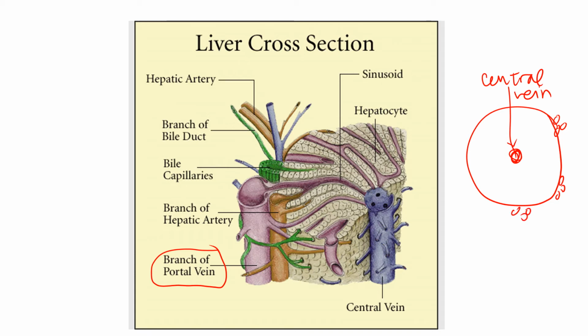And so each one of these groups of three, 1, 2, 3, contains a branch of an artery, a branch of the hepatic portal vein, and then a branch of a bile duct. Okay, so each one of those three is a branch of the portal vein, branch of the hepatic artery, and a branch of the bile duct.